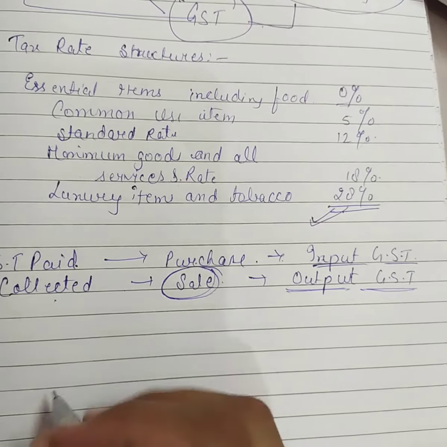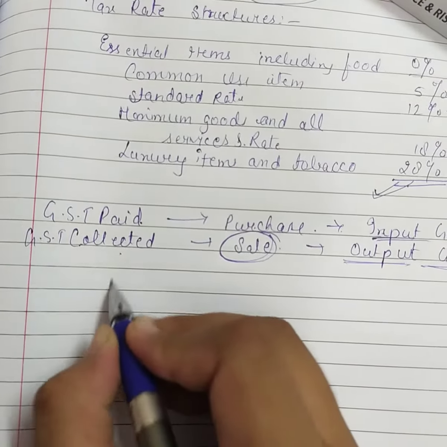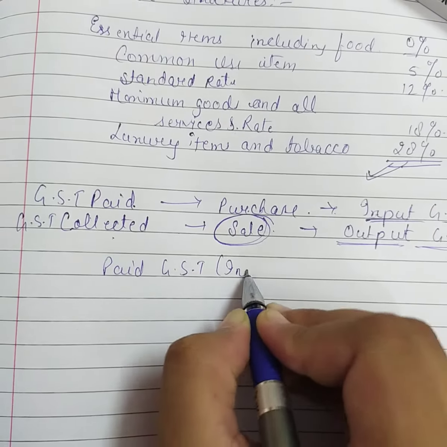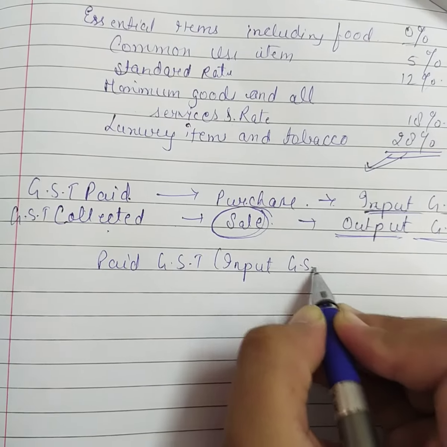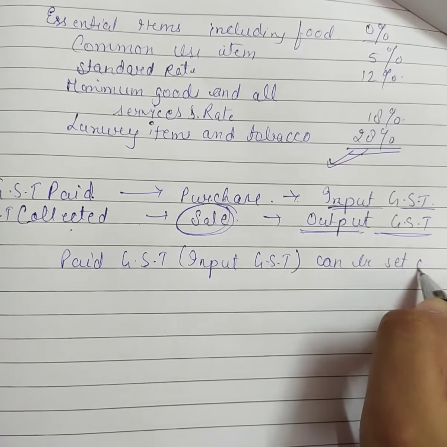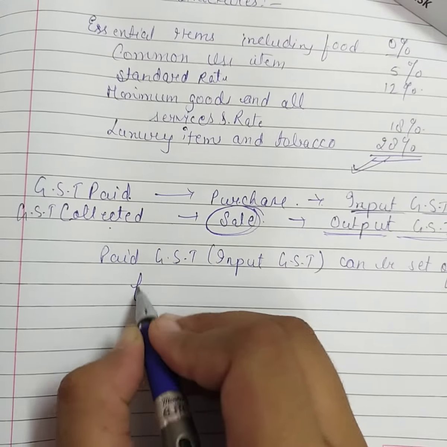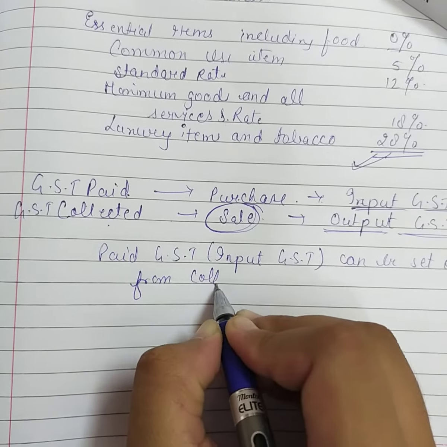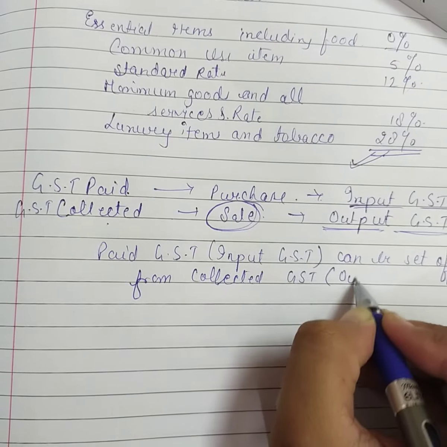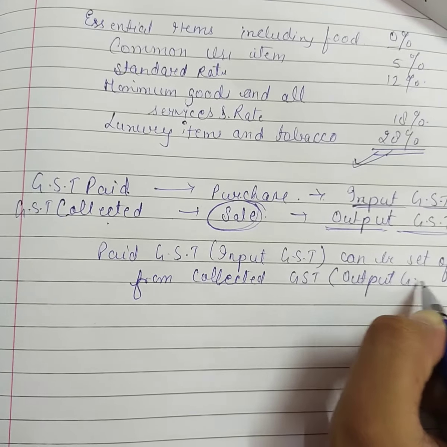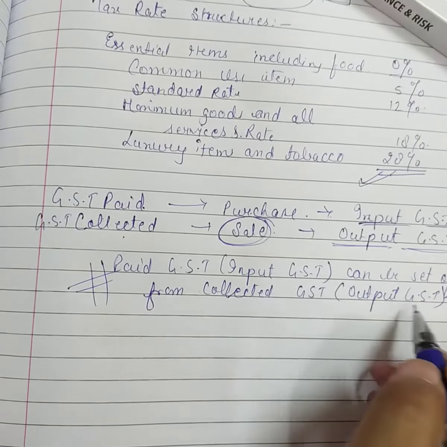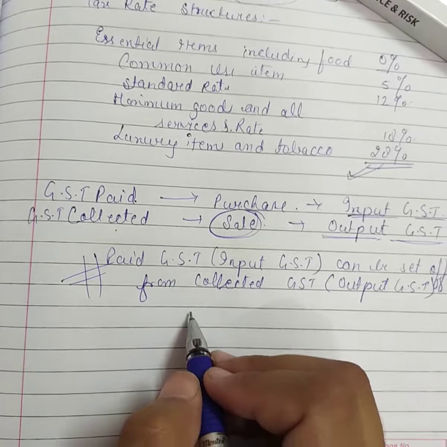Okay, so students, the paid GST, it means input GST, can be set off from collected GST, that is output GST. So let's understand this statement with the help of an example.